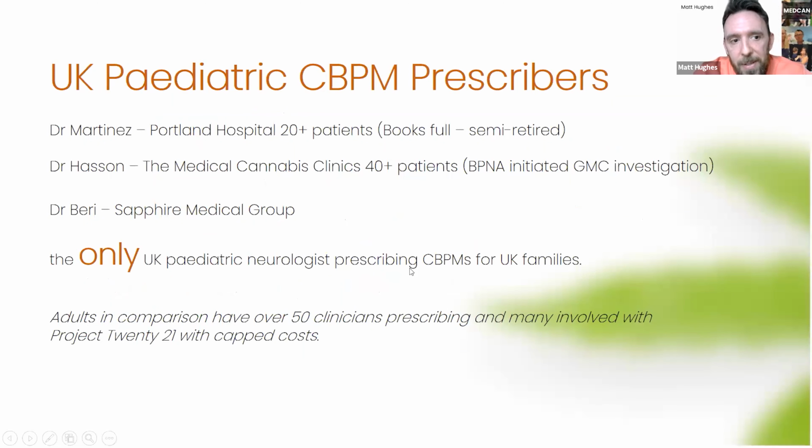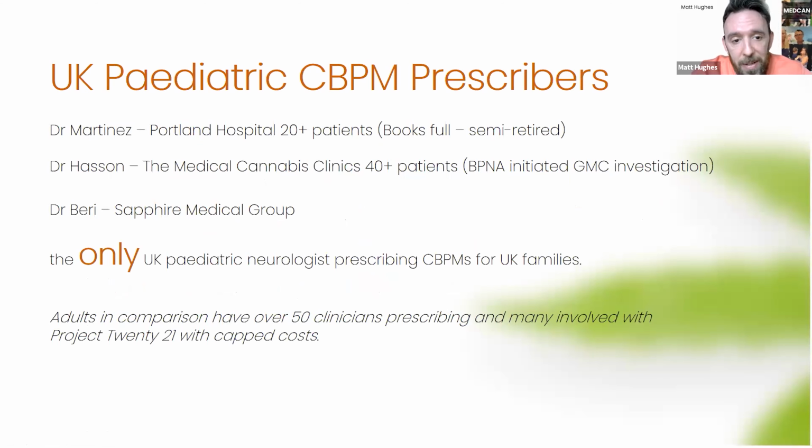Within the private sector, we currently have 3 paediatric doctors. We have Dr. Martinez at the Portland Hospital. She has about 20 patients, her books are full and she's semi-retired. Dr. Hassan at the Medical Cannabis Clinics has 40 plus patients, but the BPNA initiated a GMC investigation. He's no longer able to prescribe for any further children, although he can continue prescribing for the current children.